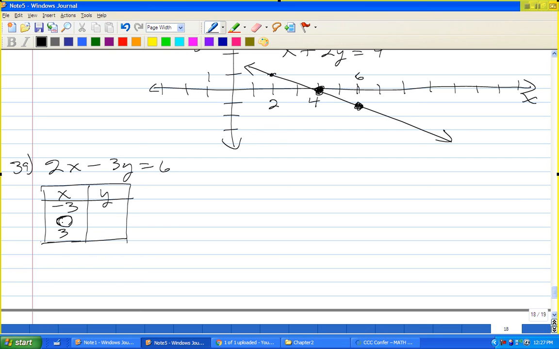Okay. Matter of fact, I guess what I'll do is rewrite this. And so I have subtract 2x from both sides of the equation.